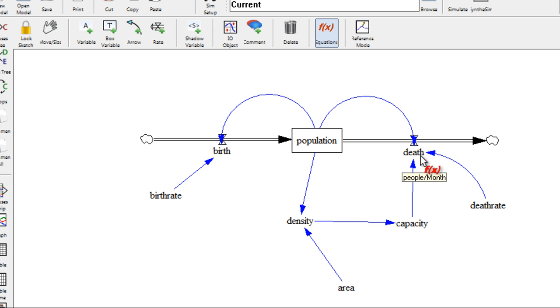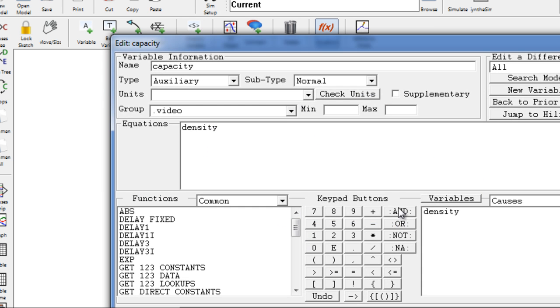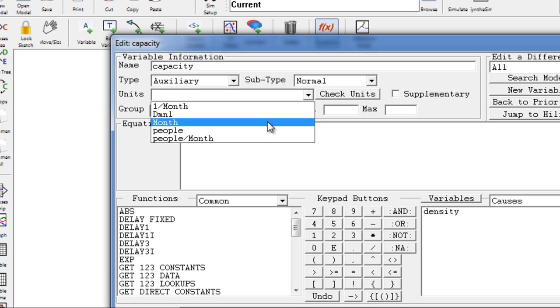But this one is also multiplied by the capacity. Capacity times death rate times population, you will get people per month. So how do we get people per month here? This one is dimensionless, meaning 1. So we take this one as dimensionless.